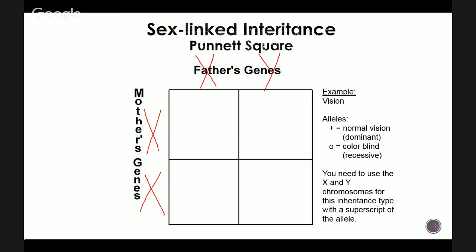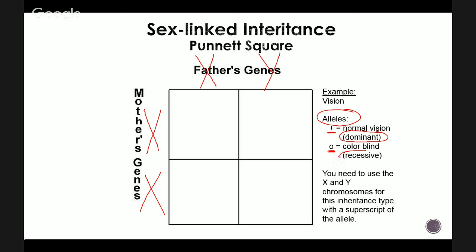Great. Now we look over here at our code or our symbols. A plus would be normal vision, which we're going to treat kind of as a dominant allele. In some ways, these sex-linked traits are kind of like dominant recessive. When I say dominant recessive, I mean normally passed on and normally expressed versus not.